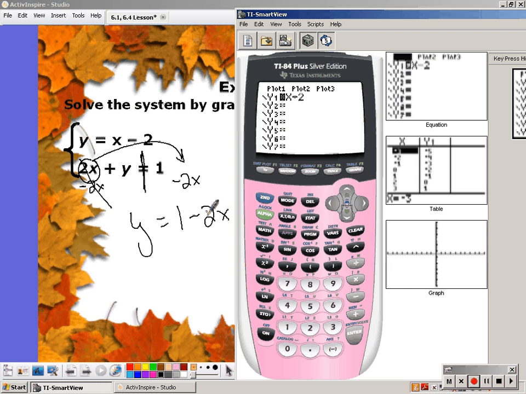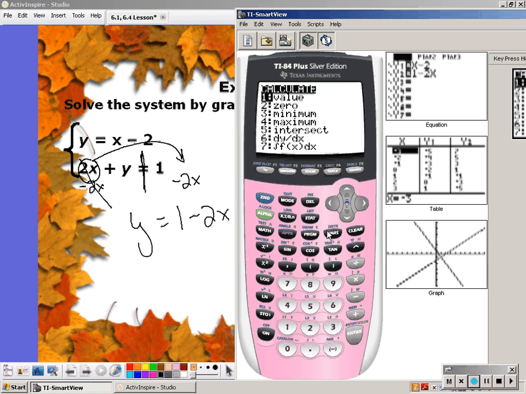Now let's type in this equation, y equals 1 minus 2x. Okay? Now we want to calculate the intersection, so the blue button and then the trace, that way we can get calculate. What do we want to calculate? The intersection. So you hit 5.